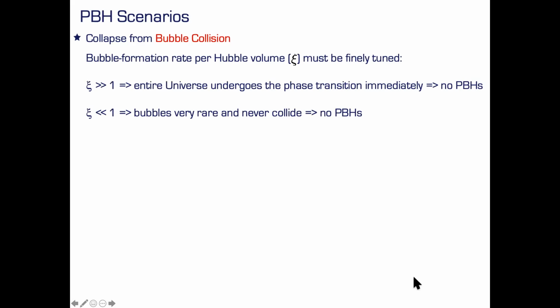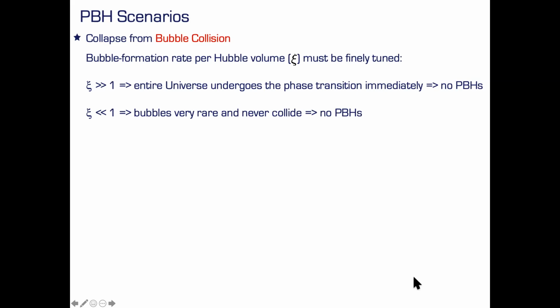So you have a certain rate of forming these bubbles of the new vacuum, and it depends on precisely how fast you form these bubbles. If the bubble formation rate is too large, the entire universe undergoes this transition quickly and you don't produce primordial black holes.